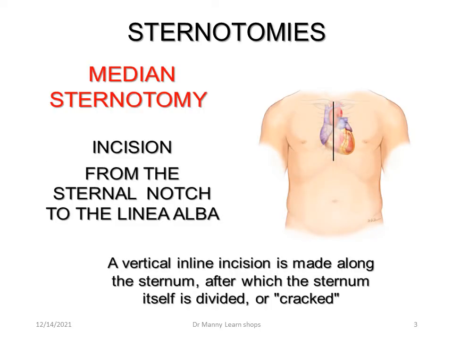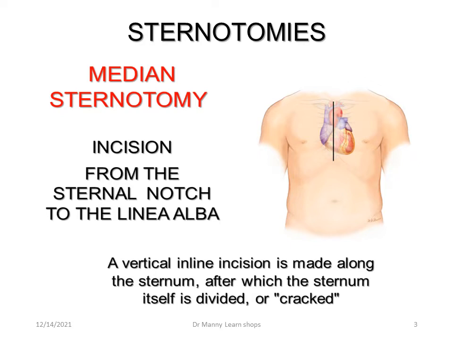Now, we have to look at sternotomies. These are typically a vertical, in-line incision which is made along the sternum, after which the sternum itself is divided or cracked open.